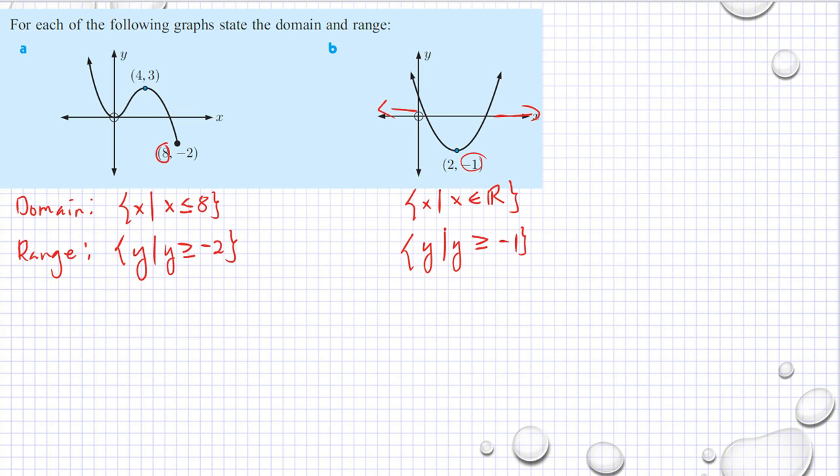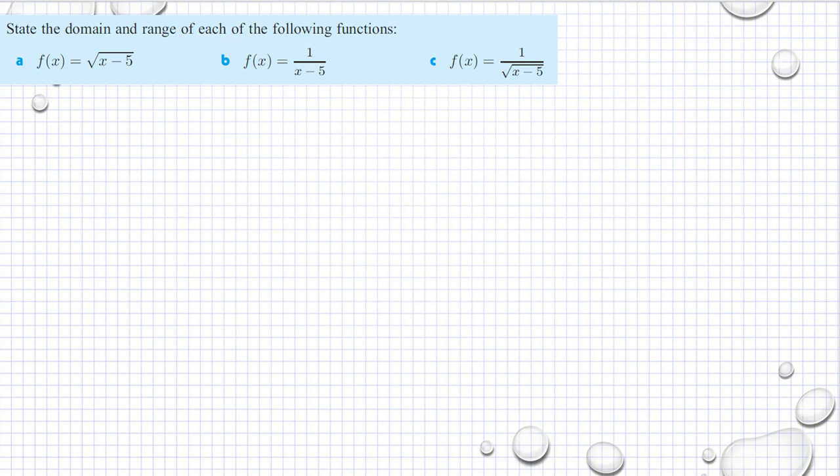Let's try another example without the graph now. State the domain and range of each of the following functions. If you have a graphing calculator, then you can use that and you can see the domain and the range. But if you don't have, then you have to put a value of x, and you can see if it allows or not.